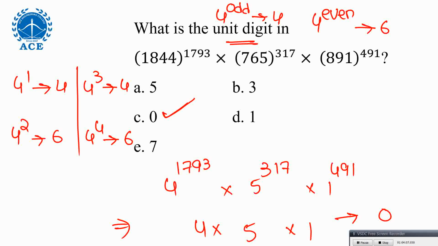You take 8, 8 power 1, 8 square, all even only will come. Even number into 5 ends with 0 only. 2 into 5, 4 into 5, 6 into 5 will end with 0. 0 into 1 will be 0, or 0 into any other units place will give 0.